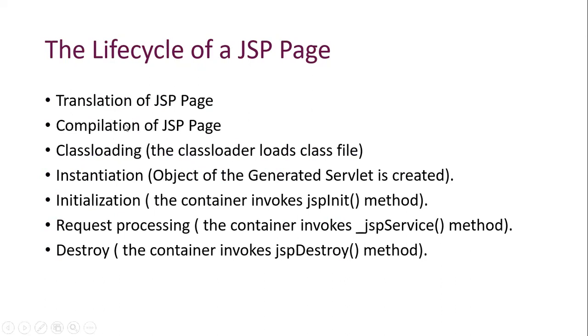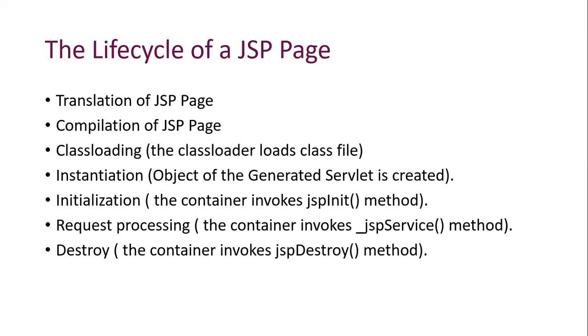Okay. After that, compilation of the JSP page. After conversion into a Servlet page, we compile it. After compilation, it will generate a class file. The third step, the class file will be loaded in memory. After that, instantiation, which means an object will be created. For initialization in Servlet we use the init method.